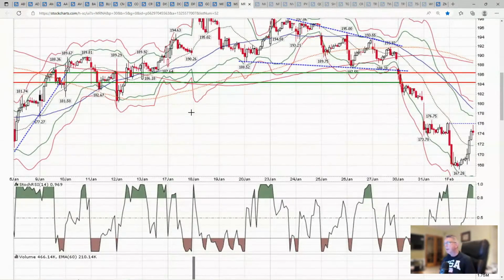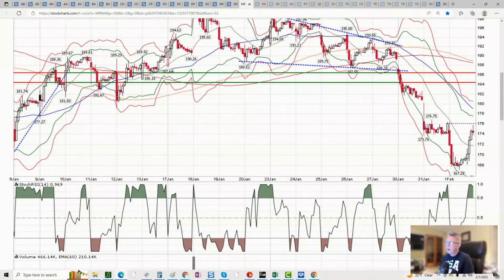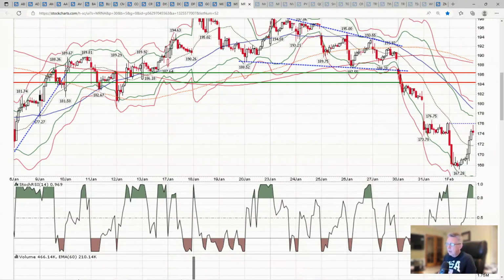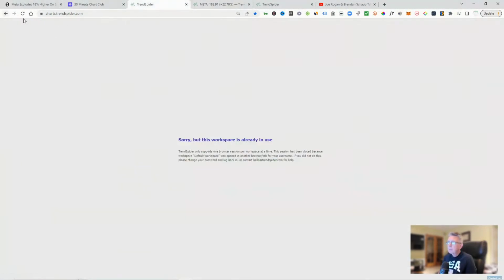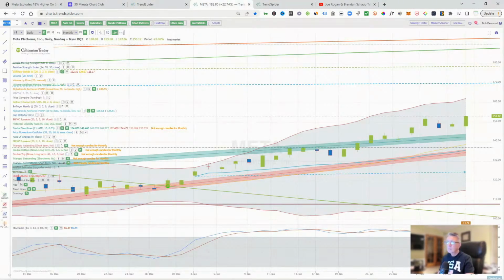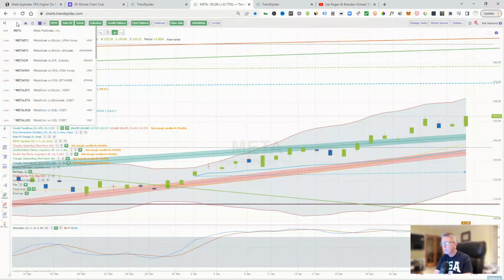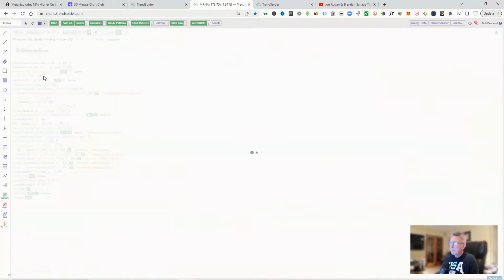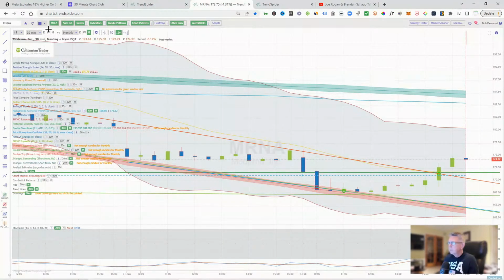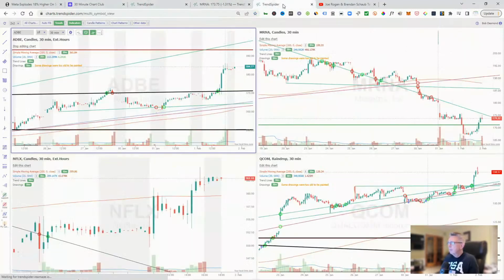Moderna, interesting one here. Not on this chart per se, but when I took a look at TrendSpider, it looked a lot more appetizing to me. We've shorted this a couple of times. Do I have this set up right?